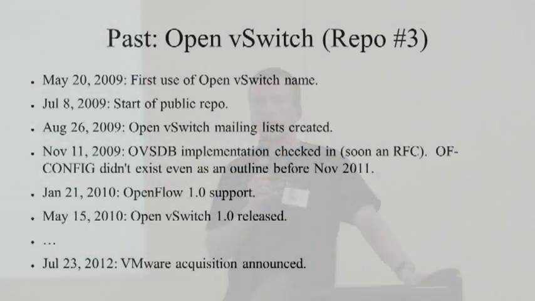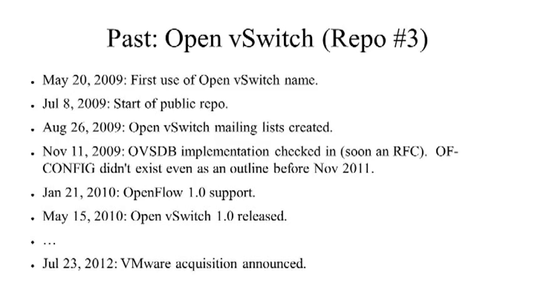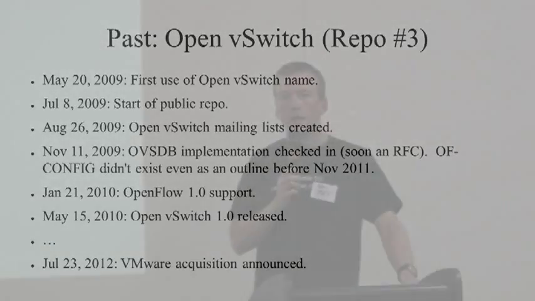Of course, in July of last year, the acquisition of Nicira by VMware was announced, and I can tell you there was a lot of partying. For me, it was a real release of pressure, because I had found out about the acquisition a couple of weeks before.